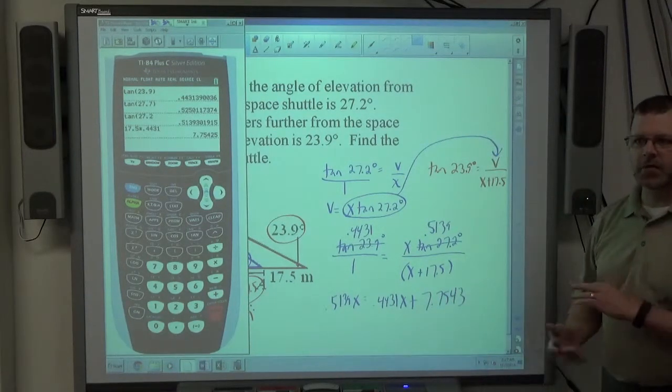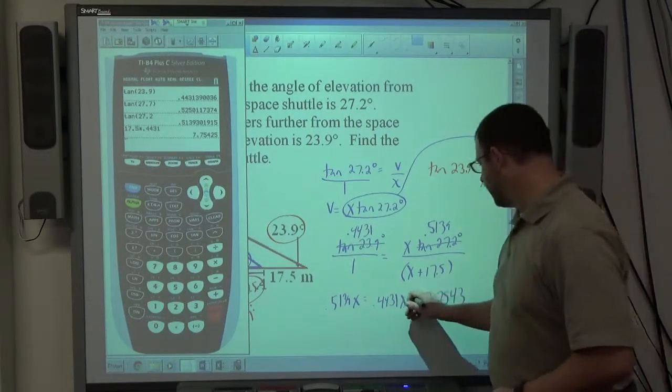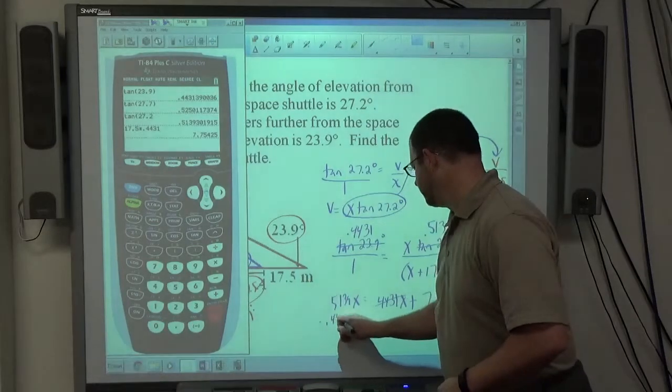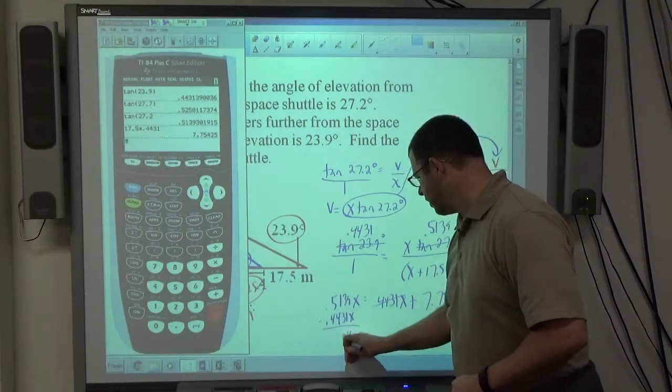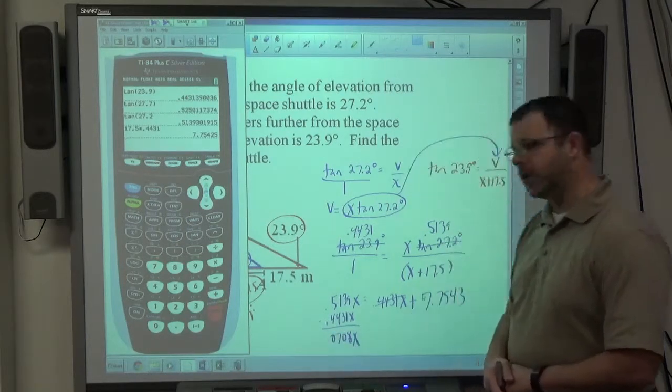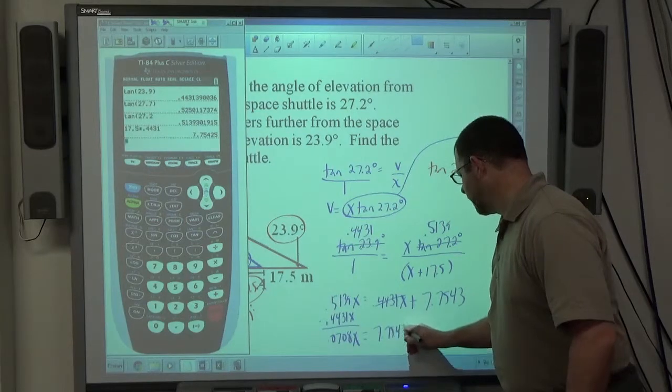I'm keeping everything rounded to 4 decimal places in my work. All I have to do to get x is move 0.4431x over to the left and subtract. We get 0.0708x is equal to 7.7543.